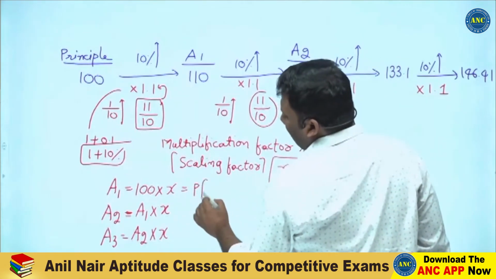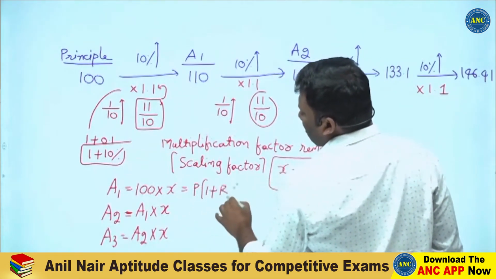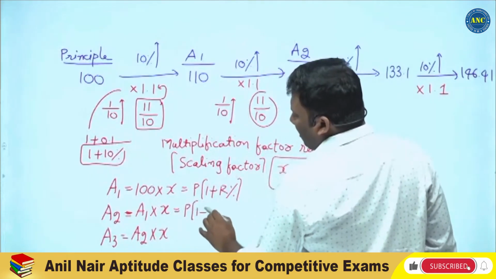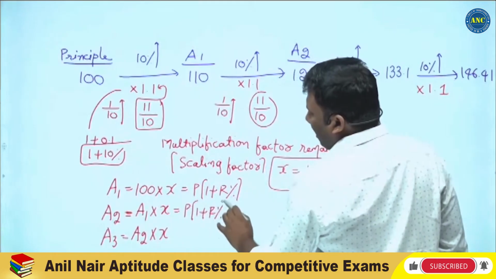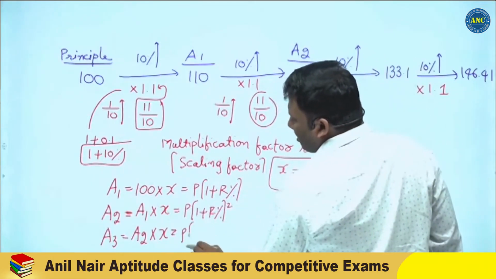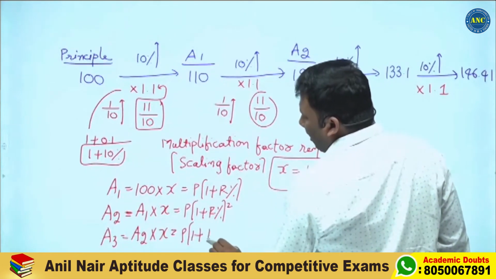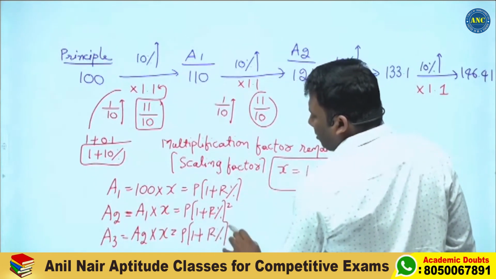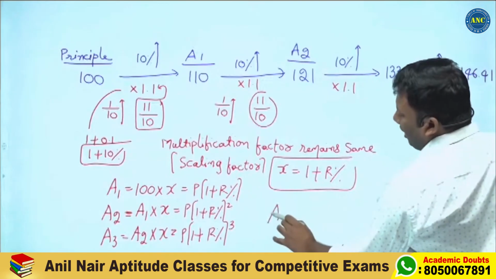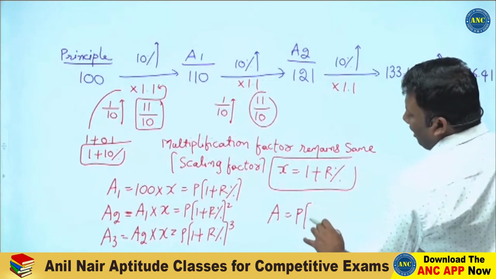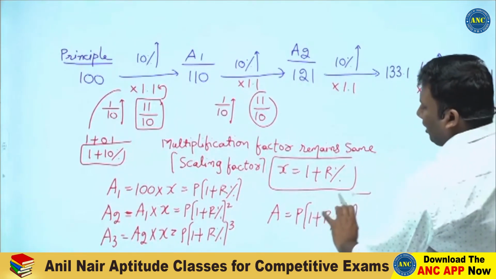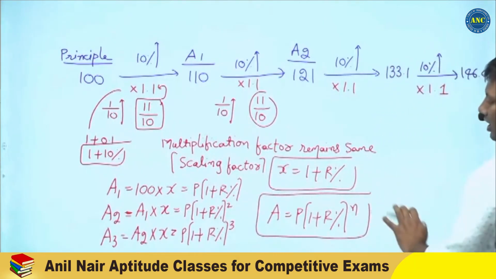Here it is P into 1 plus R percent into X, which is the whole square. A2 is P into 1 plus R percent whole square into 1 plus R percent, P into 1 plus R percent power 3. Therefore, the amount at the end of the year is always given by P into 1 plus R percent power n. I hope the proof is crystal clear to you.